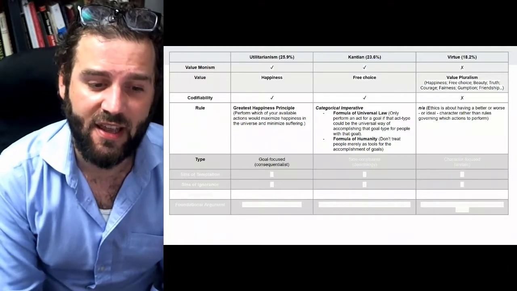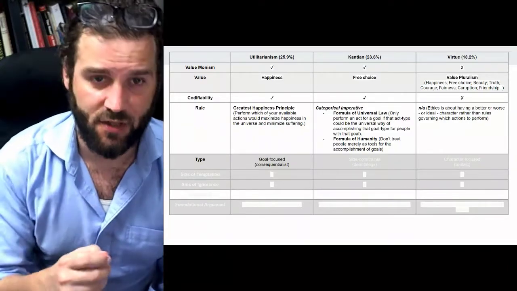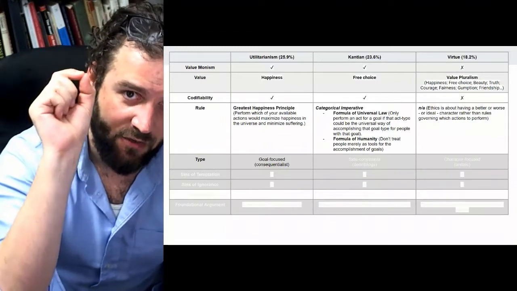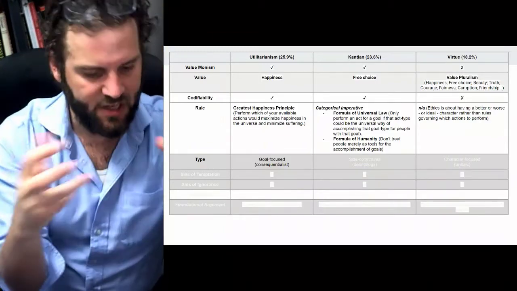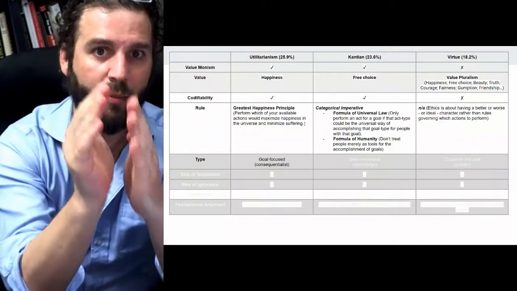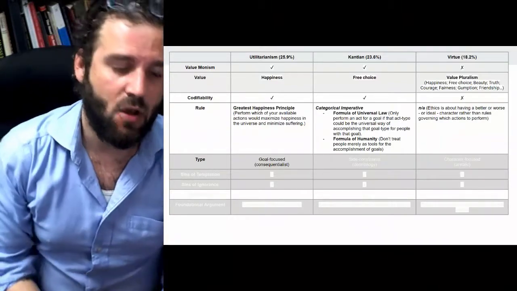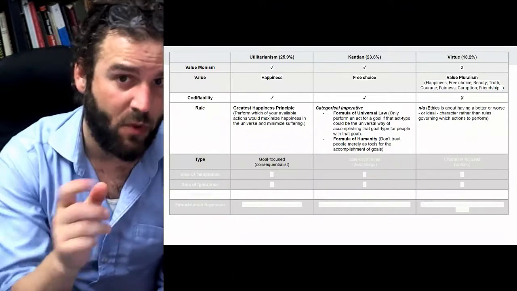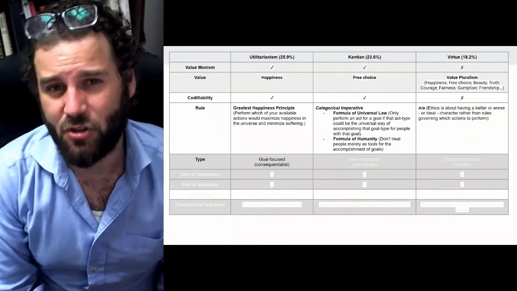The utilitarian is what we call consequentialist. It's goal-focused. It says maximizing happiness and minimizing suffering is the moral goal, and you should subjugate all of your other goals to accomplishing that one thing. So if you want to be a professional Halo player, you should quit that, because that is not the career choice you should make.